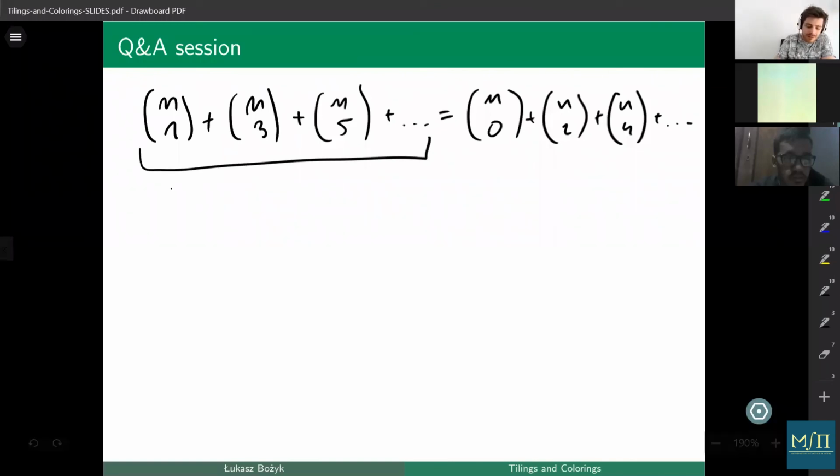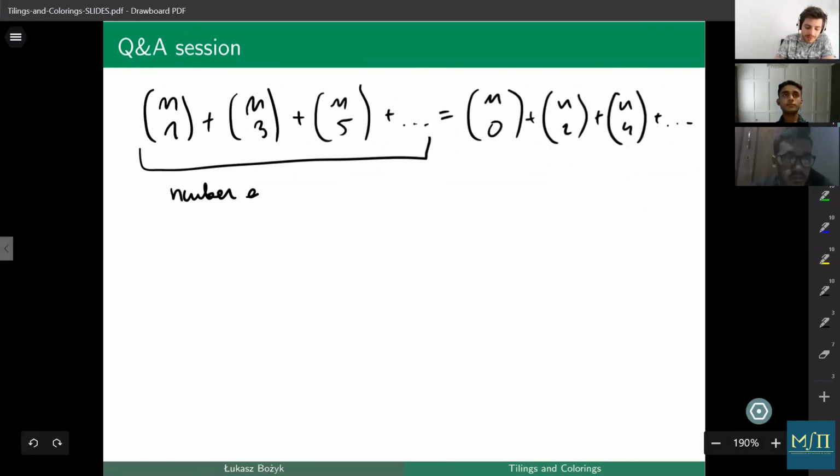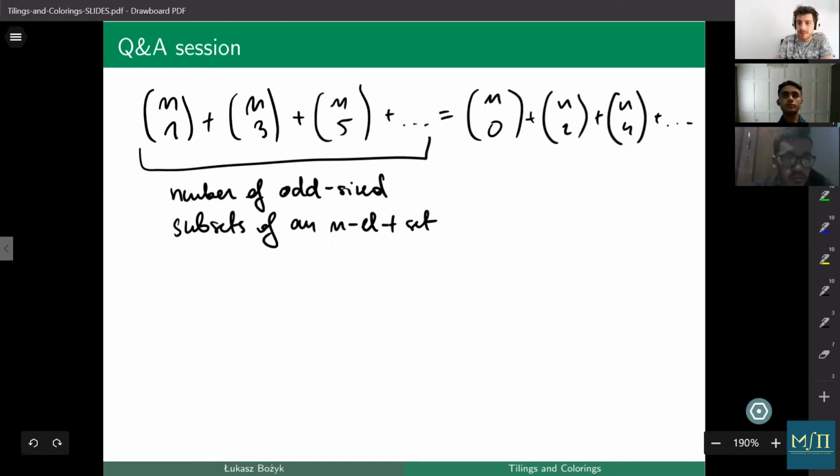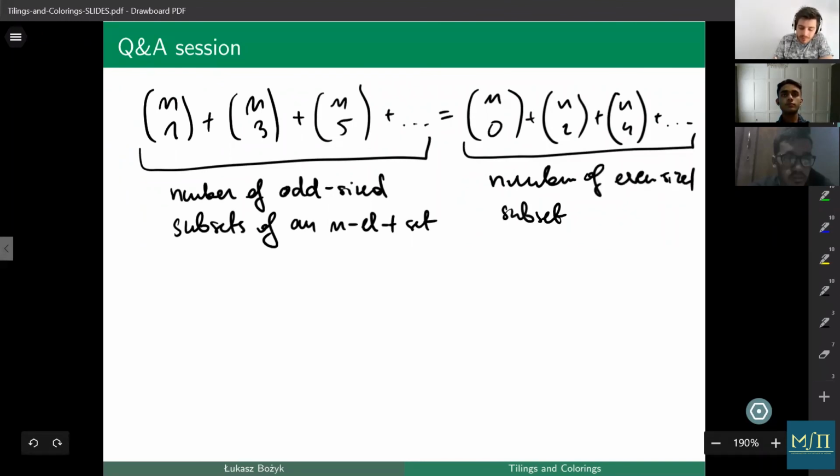It means the number of odd-sized subsets of an n element set, and this number of odd-sized subsets is nothing but the number of all even-sized subsets of the set of n elements.